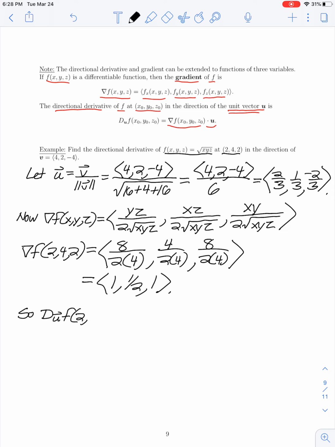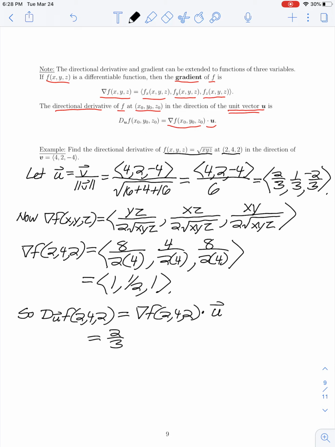And now our directional derivative of the function f at the point 2, 4, 2, acting in the direction of u, is the dot product of our gradient at the point 2, 4, 2 with the unit vector u. So here, let's see what we have.